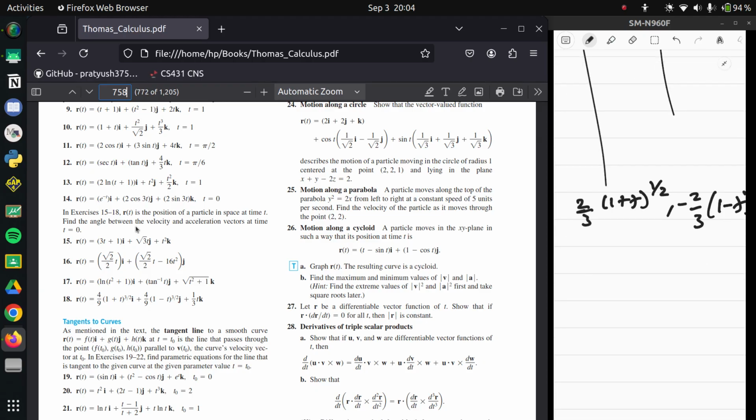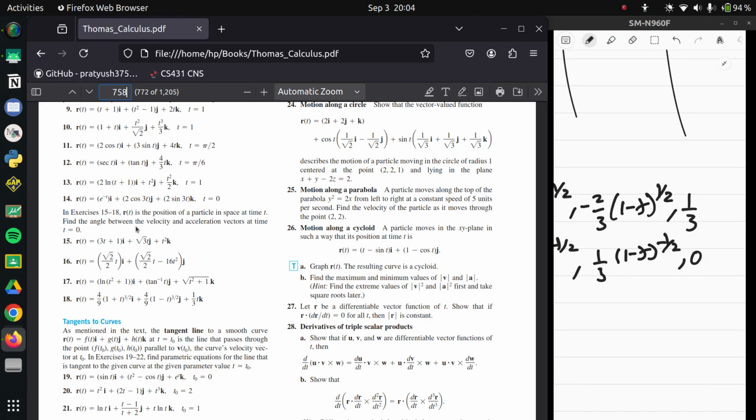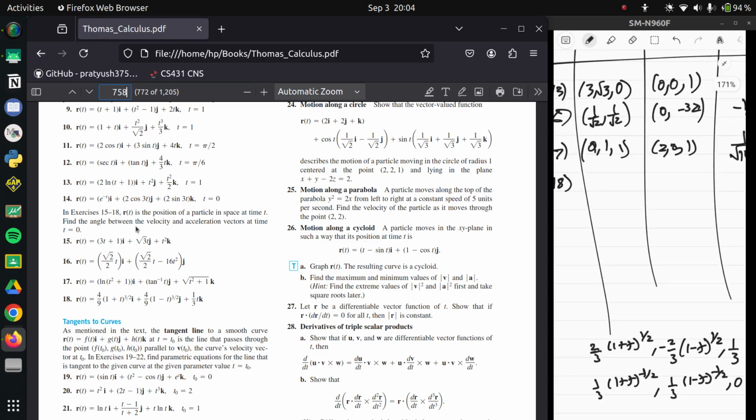But acceleration is 1 by 2 times 1 by 3, 1 plus t to the power of negative 1 by 2, take that outside, so negative is positive. So it's just 1 by 3, 1 minus t to the power of negative 1 by 2. None of this is going to matter, but still. So it's just 1 by 3, 1 by 3, 0. That's the acceleration.